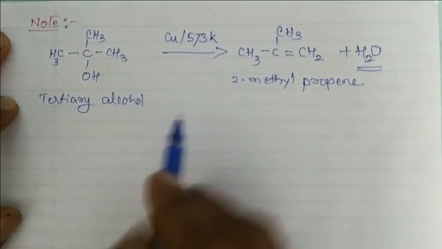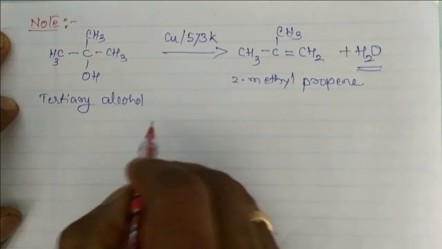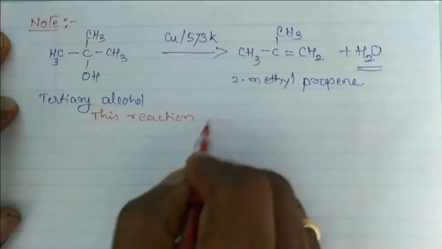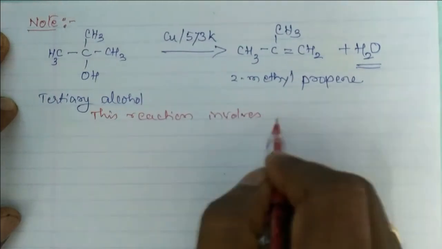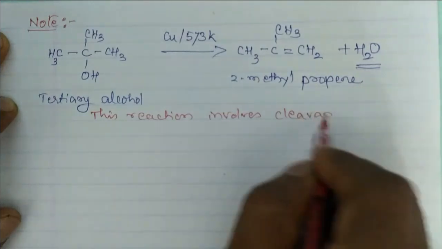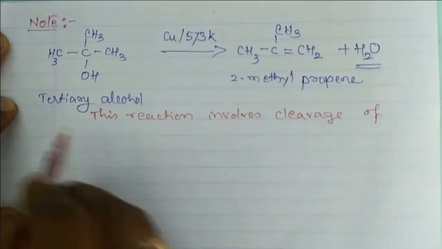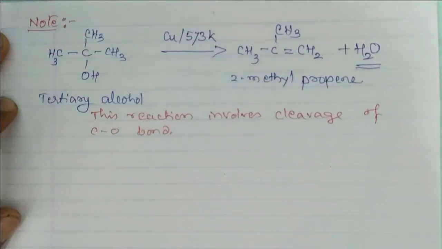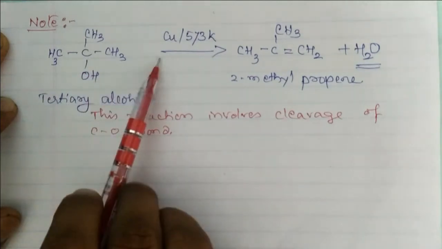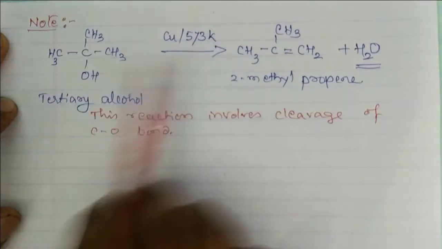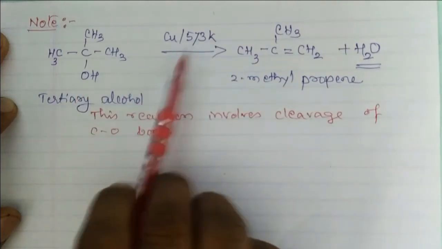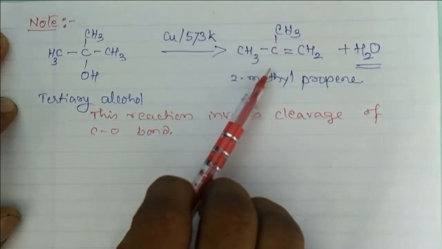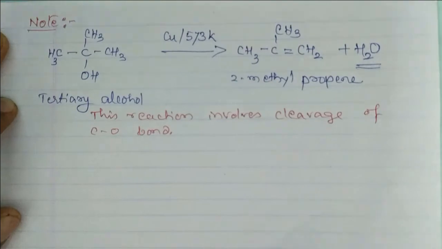This reaction involves cleavage of the carbon-oxygen bond. When vapors of tertiary butyl alcohol are passed over copper at 573 Kelvin, you get an alkene, 2-methyl propene. And this is an exceptional case.